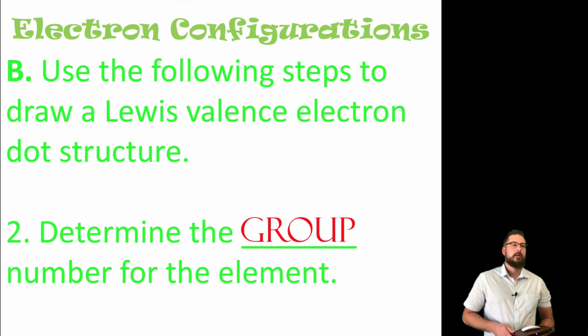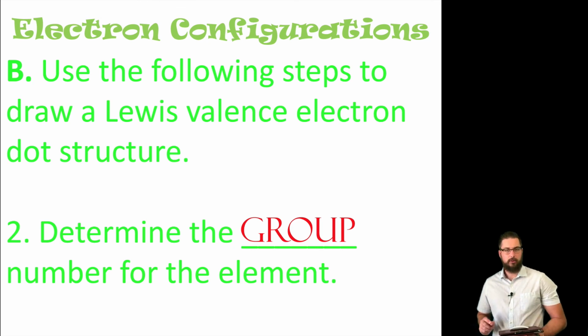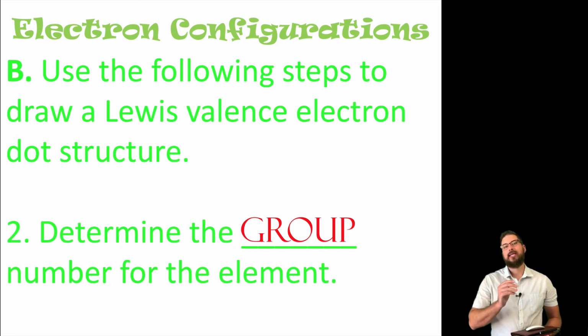When you look at your periodic table, what you specifically want to look at is the number that has an A with it: 1A, 2A, 3A, 4A, 5A, and so on, because those columns tell you the number of valence electrons. For the transition elements in the middle, the D block and the F block, we'll talk about their valence electrons later on.